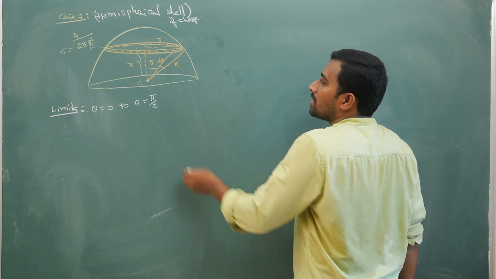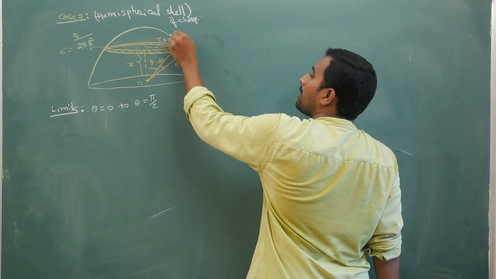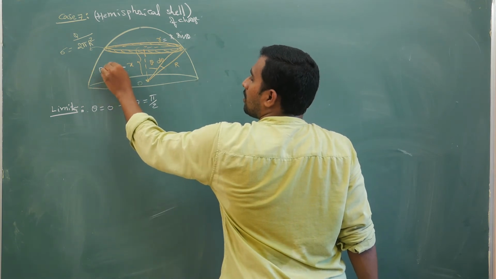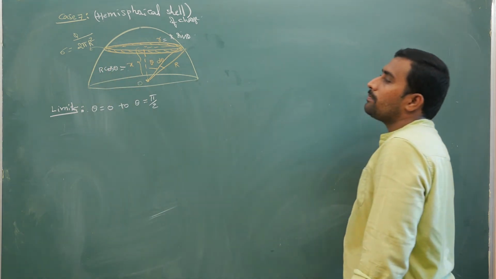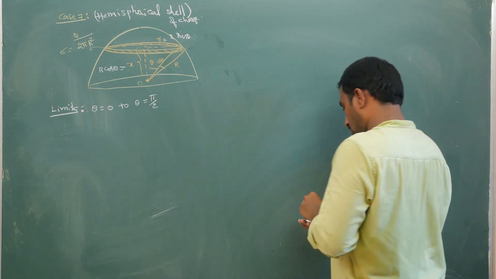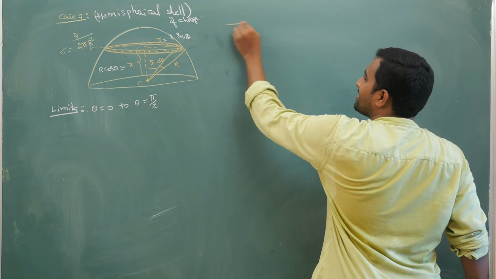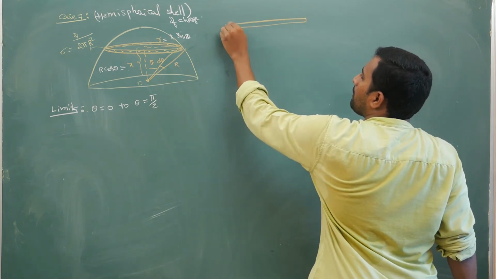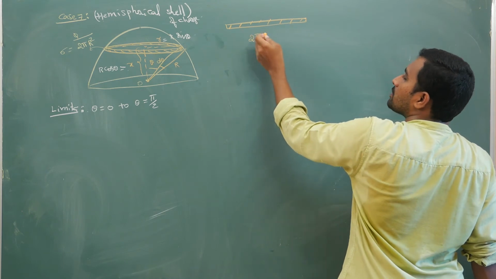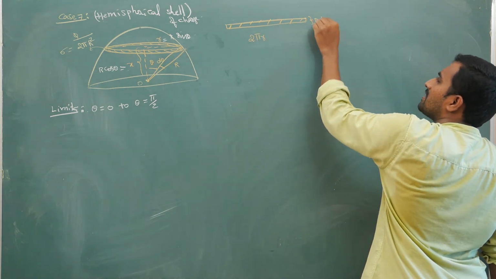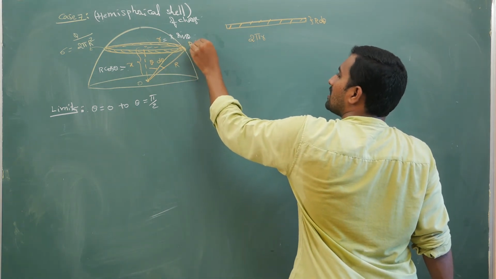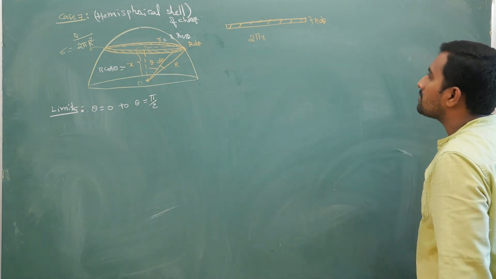Okay, now your small r is equal to capital R sin theta. What is your x? It is capital R cos theta. Hope you have understood it. Now your small charge dq: this patch, if I stretch it, its length is 2 pi small r, and its width is capital R d theta, because it is in the form of a small arc.